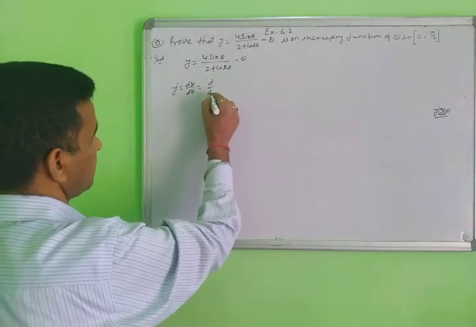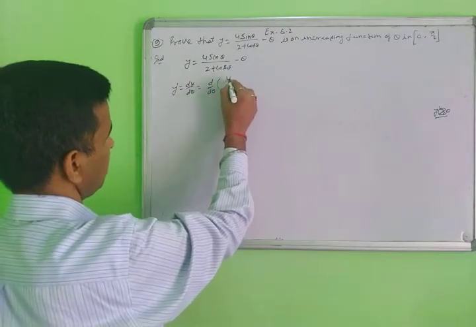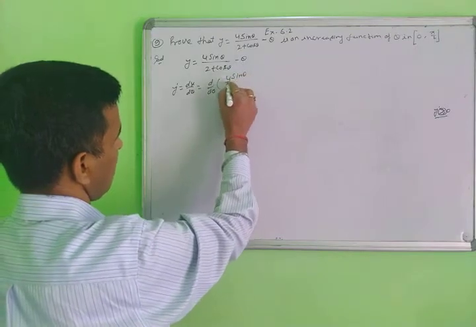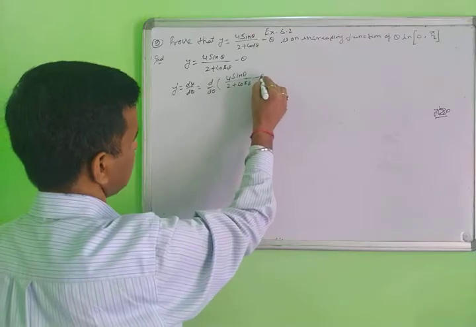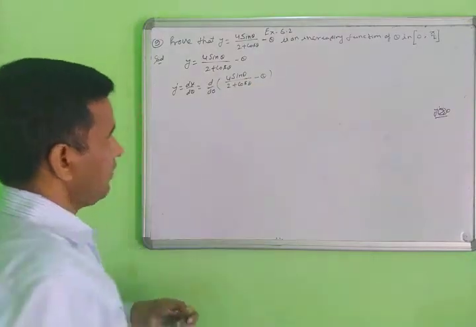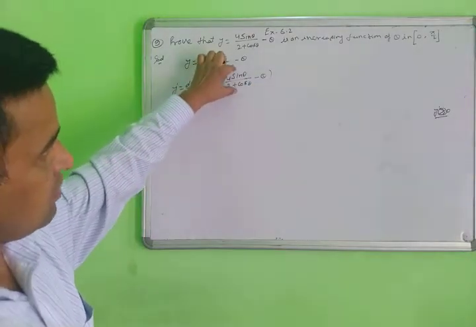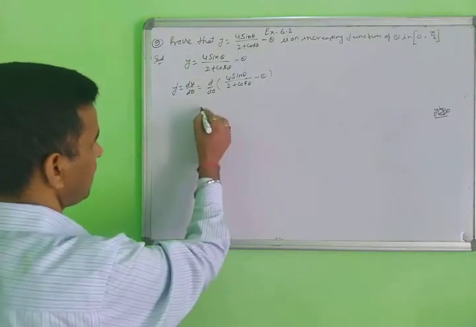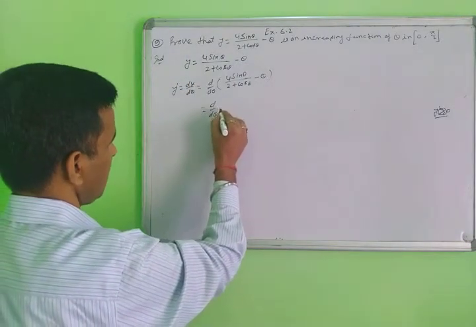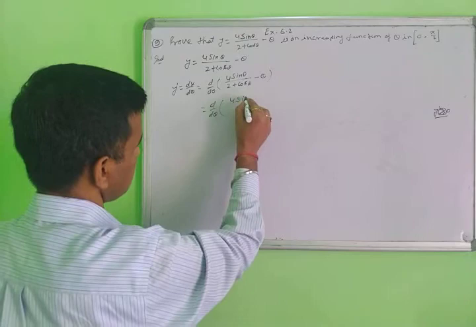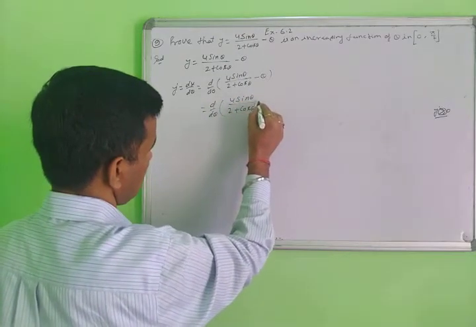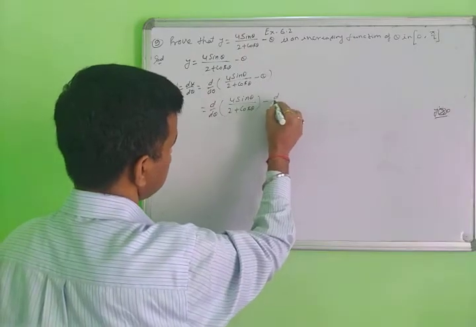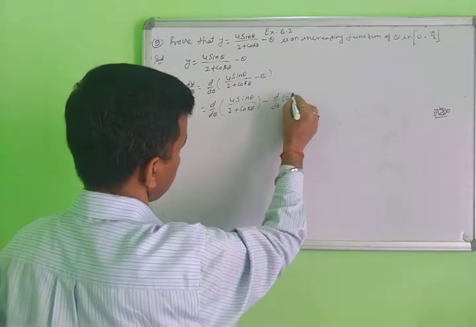Then you write d over d theta of 4 sin theta upon 2 plus cos theta, minus theta. In this condition you will be using the u upon v rule. Then how to write it: d over d theta of 4 sin theta upon 2 plus cos theta, minus d over d theta of theta.